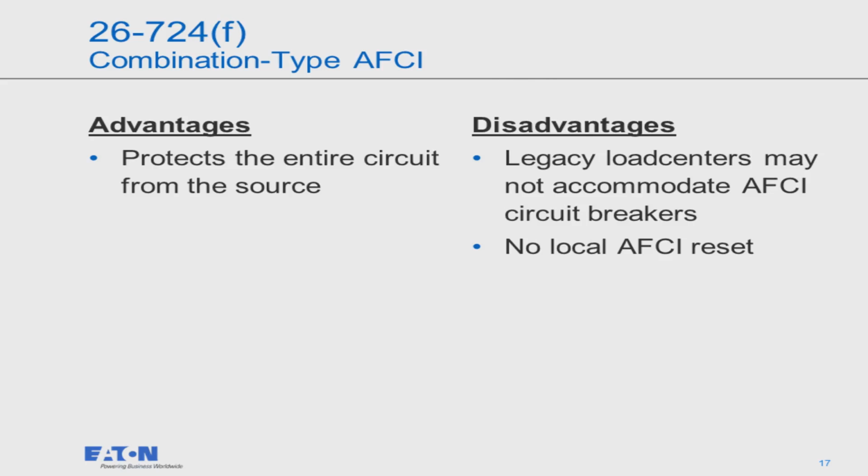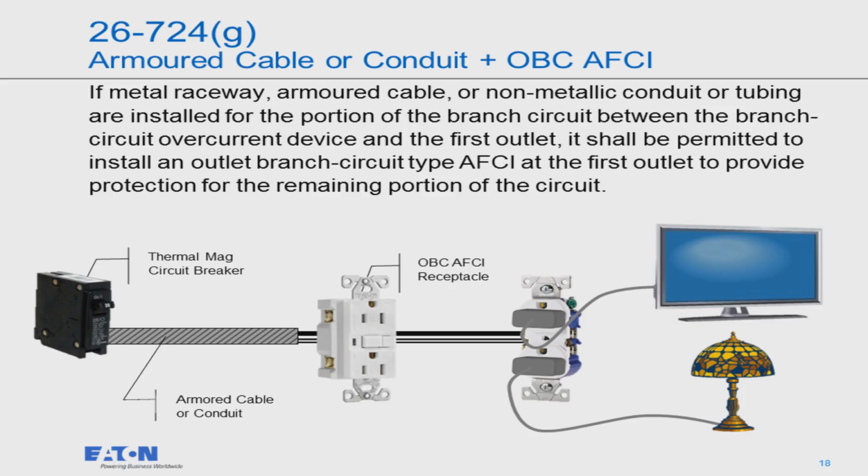When we're looking at the OBC AFCI, or the outlet branch circuit AFCI, you're looking at that armored cable between the standard thermal mag breaker and that first receptacle in the run, which is permitted now, but that first receptacle has to be easily accessible, and so this is how the code is written for using the OBC AFCI receptacle.